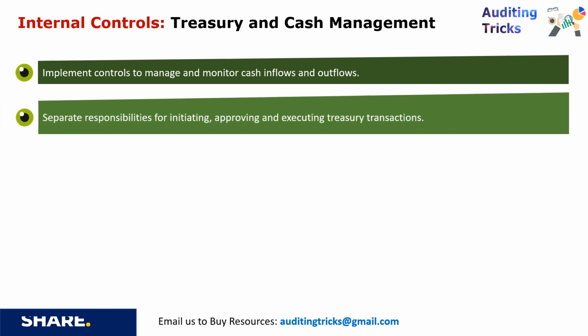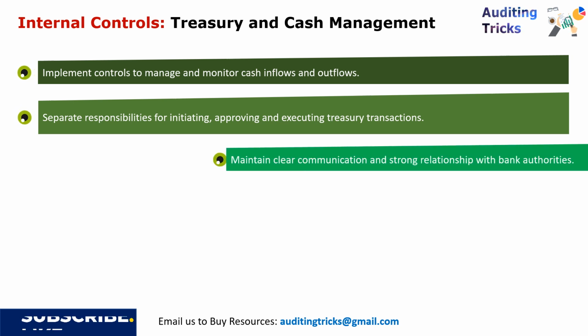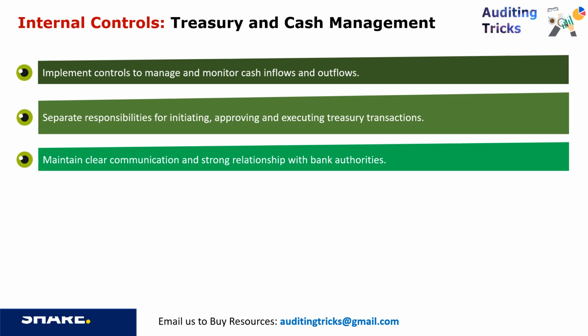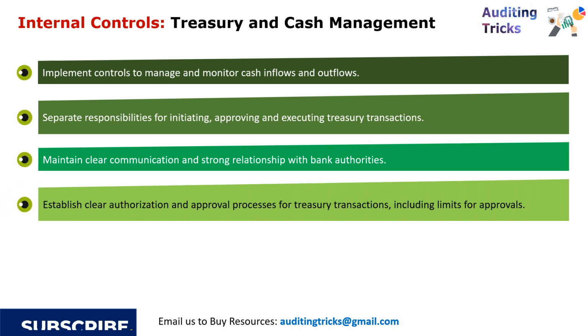You should maintain separate responsibilities for initiating, approving, and executing treasury transactions. You should maintain clear communication and strong relationship with the bank's box. We should establish clear authorization and approval processes for treasury transactions, including limits for the approval of various activities.